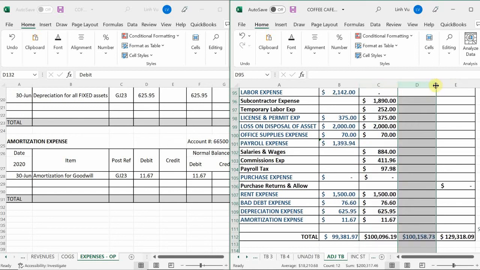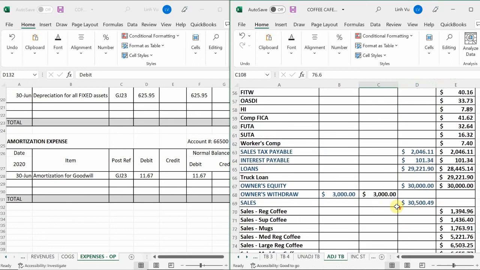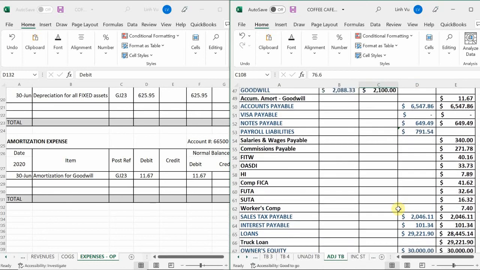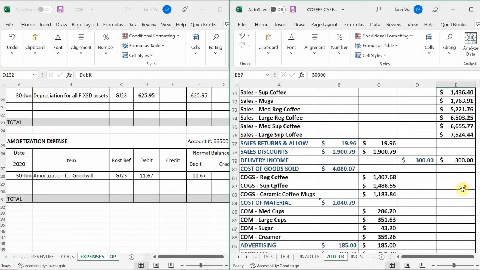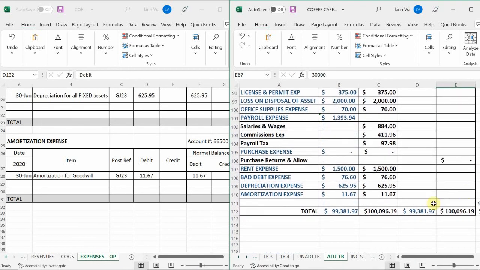Okay, so let's go to loans. Here it is, loans. Oh yeah, it says it's supposed to be, okay, I put it up here. 2844514, right? Let's see. I think that's right.